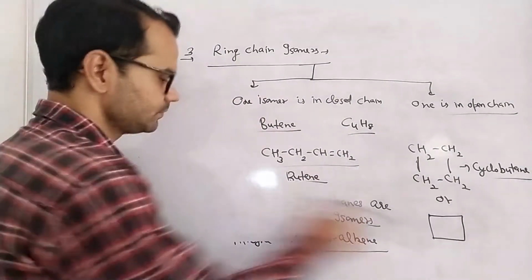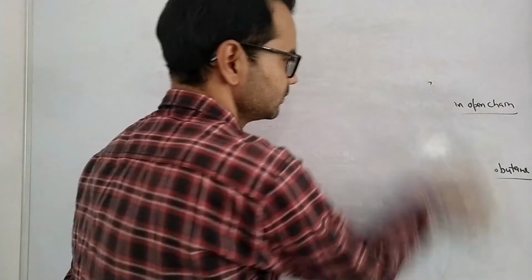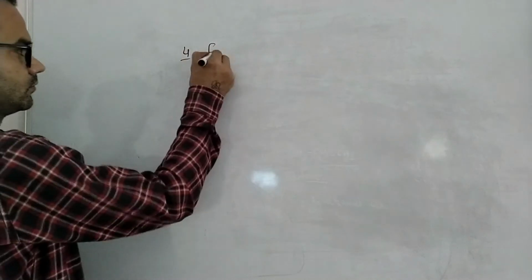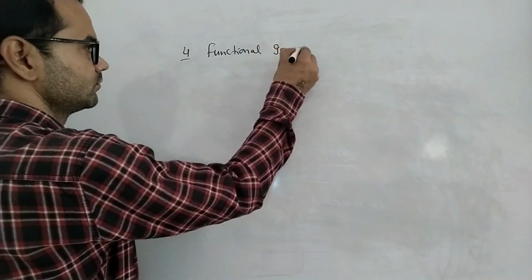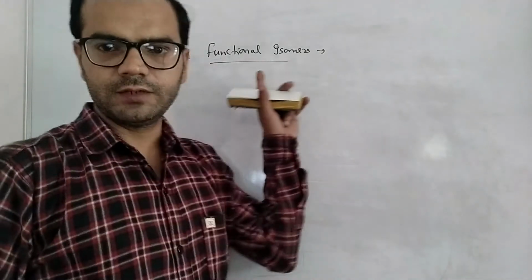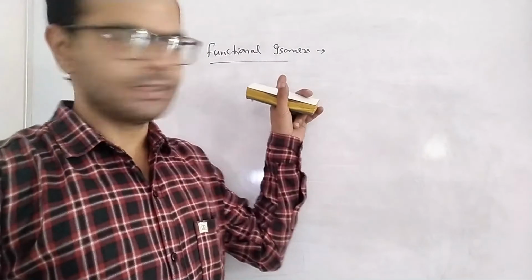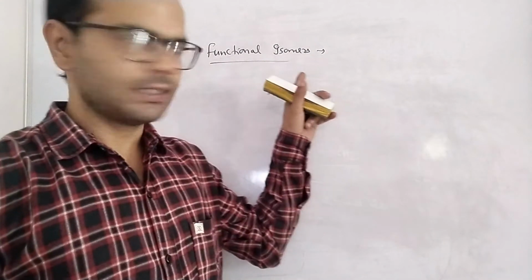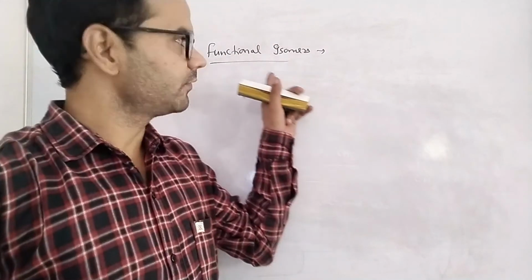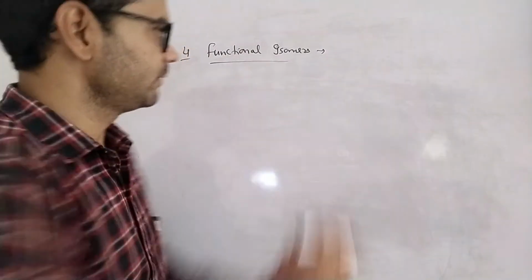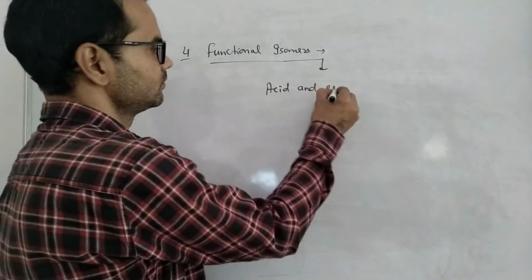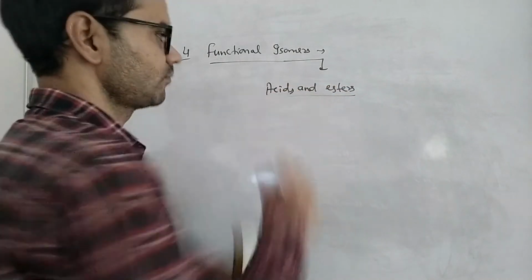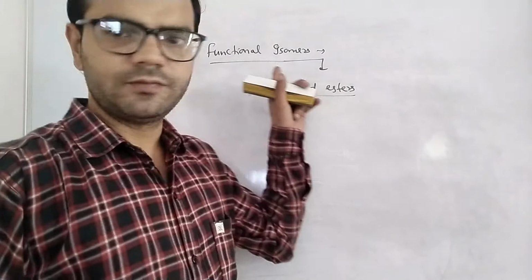Fourth is functional isomers. As the name indicates, the molecular formula will be the same again, but different functional groups are present for the same molecular formula. For example, we have acids and esters. They are functional isomers.